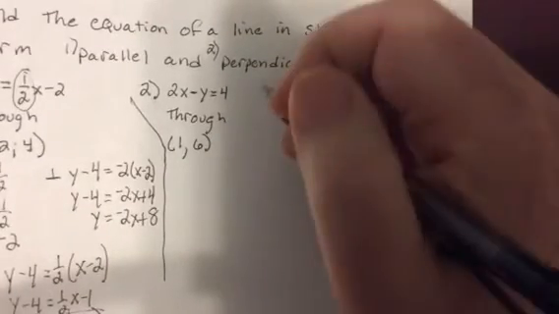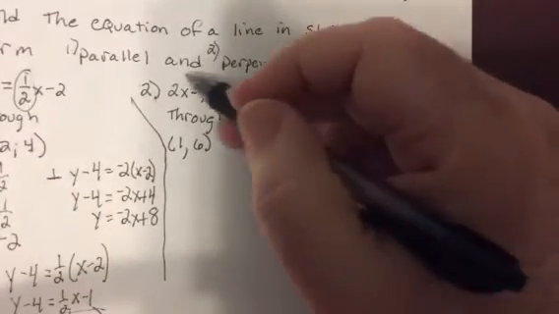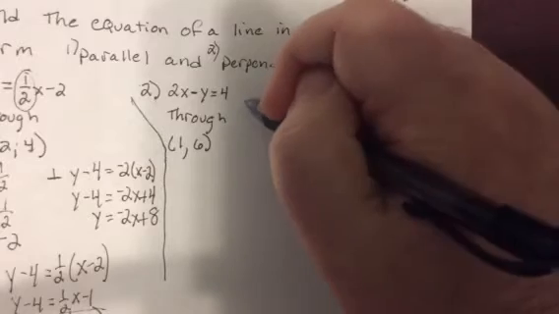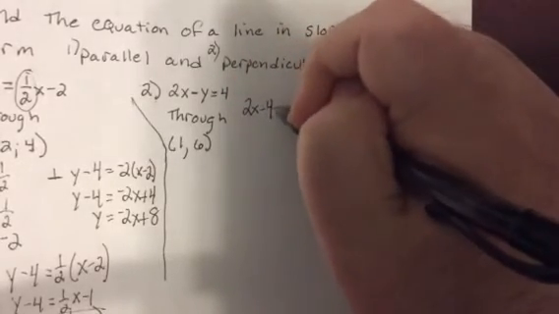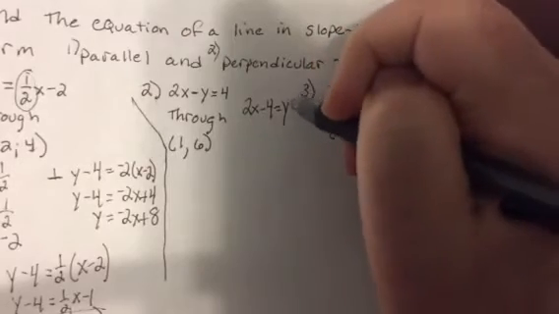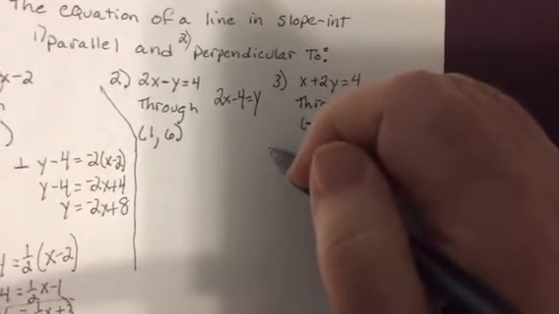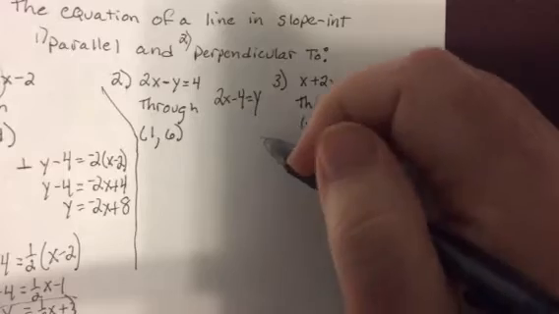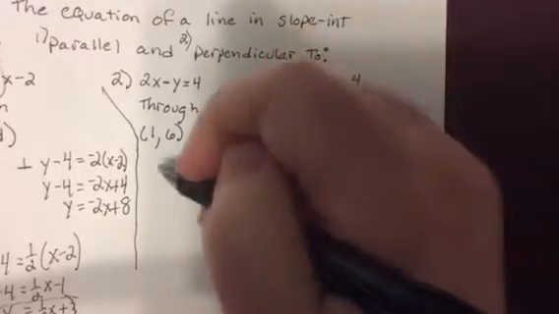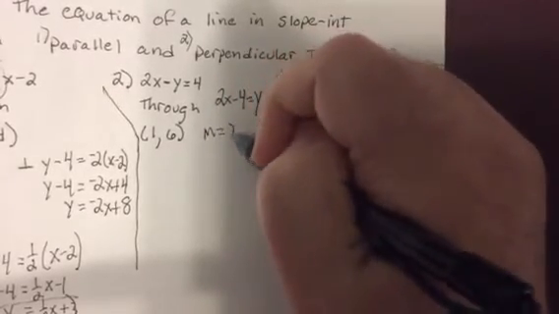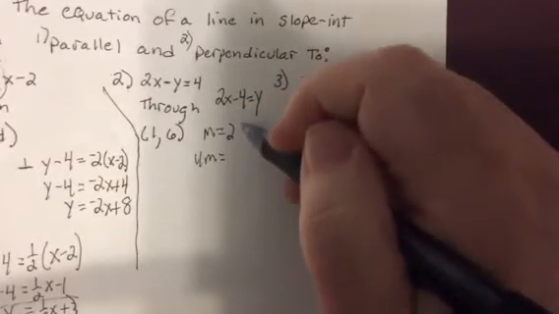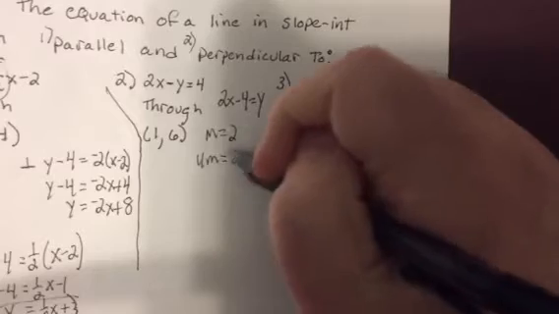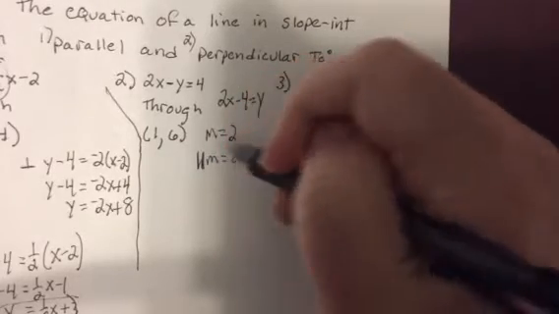Well, hello. If you got stuck, that's okay. Solve this for y. So I'm going to do this a little differently. I'm going to subtract 4 and add y. So what's my slope? Good job. Slope is 2, I agree. Then what's the parallel slope? That's right, the slope is the same, parallel.